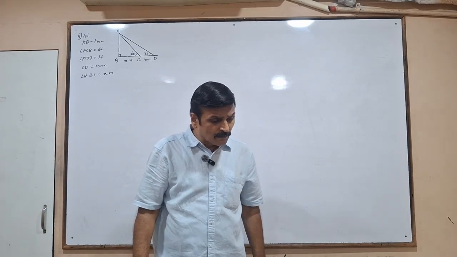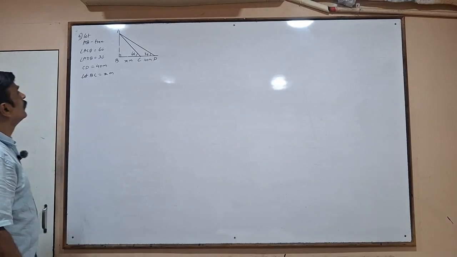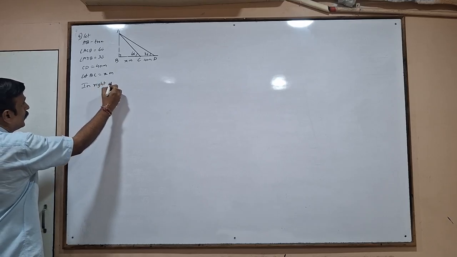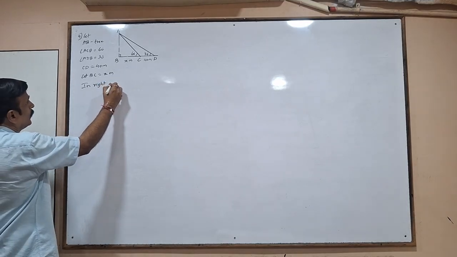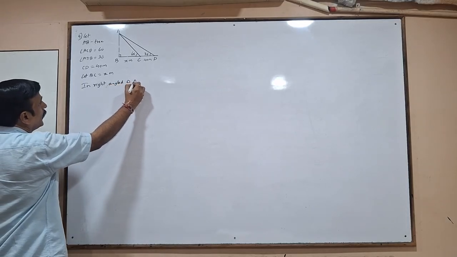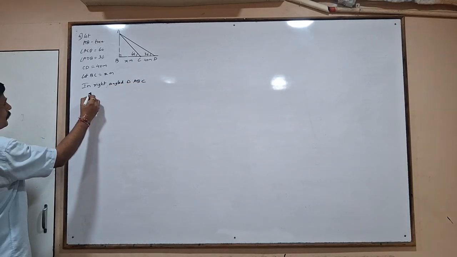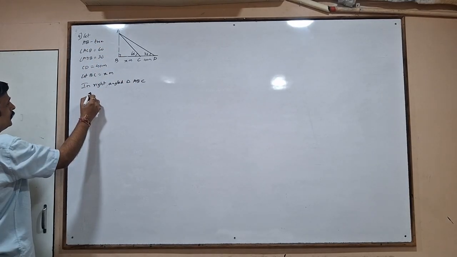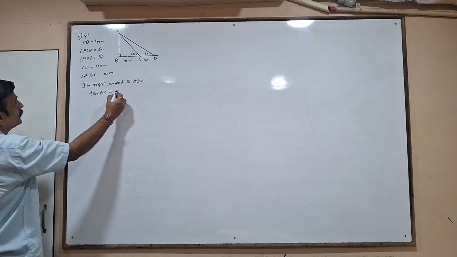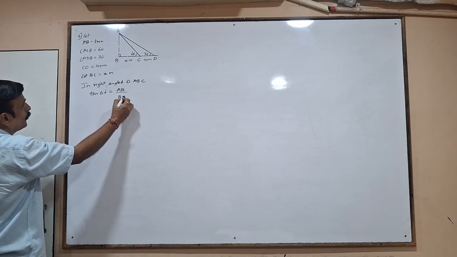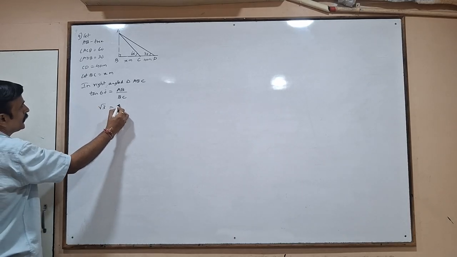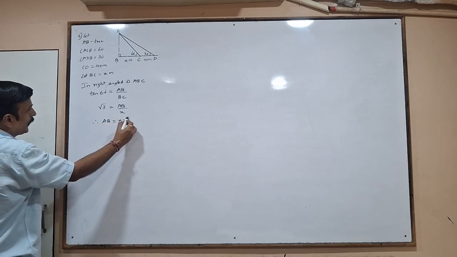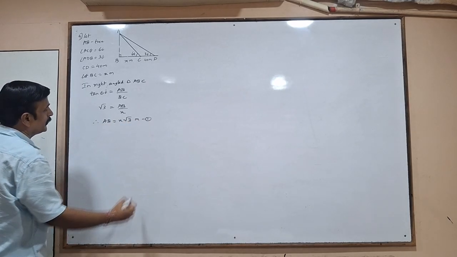I want height of the tree. So obviously in right angle triangle ABC, again the perpendicular side is common, so I'll go for tan 60, which is AB upon BC, root 3 is AB upon x, so AB is x root 3 meter.